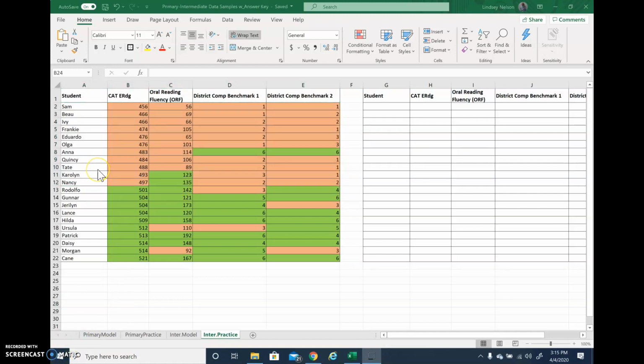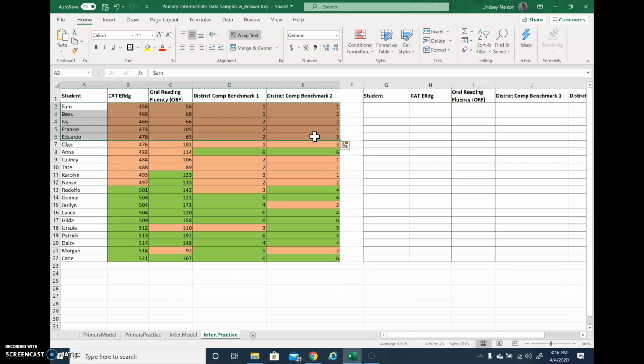I'll begin by looking at my first group of students that have some similar looking data. I'm going to look at Sam, Bo, Ivy, Frankie, and Eduardo.